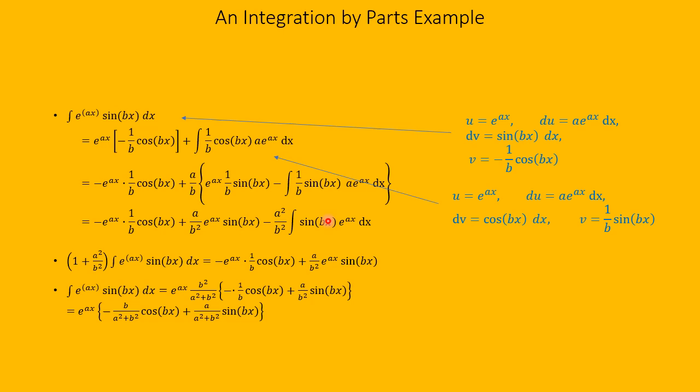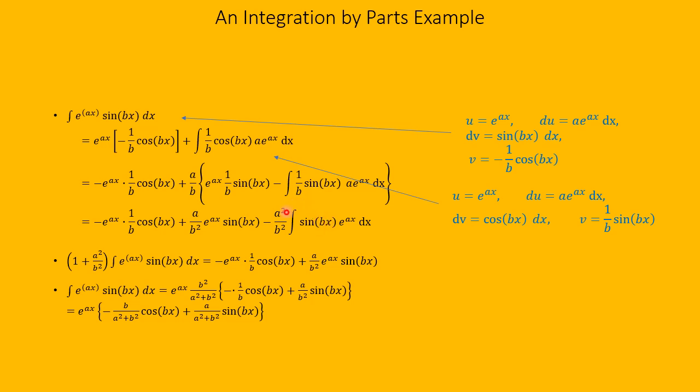And now we have something interesting happening. Here we have the integral of that sine times that exponential. Here we have the same integral of that sine times that exponential, but it has a different factor in front here. We can think of this integral as being the unknown quantity and solve for it.